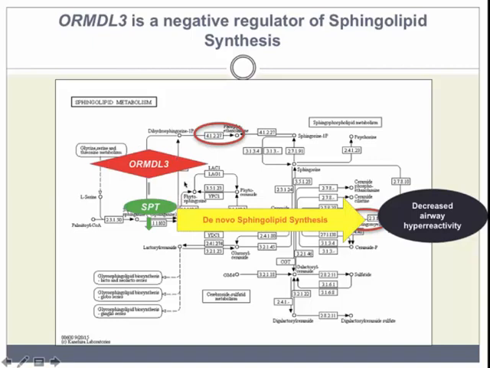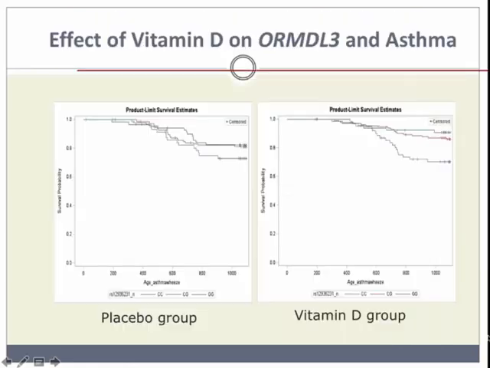This SPT is what ORMDL3 is inhibiting, and it's actually stopping this whole de novo Sphingolipid synthesis and increasing airway hyperreactivity. So this whole pathway, you put an X through, and it's stopping that and increasing airway hyperreactivity.